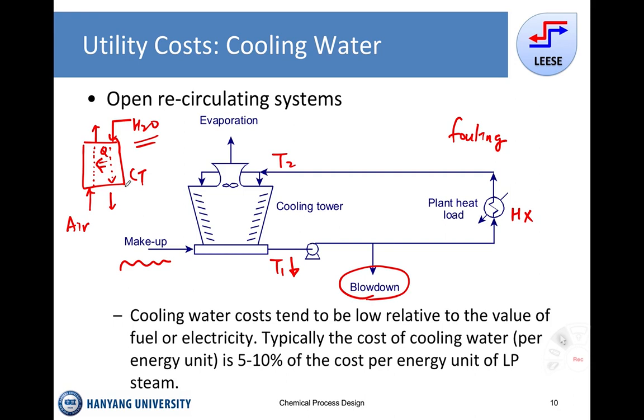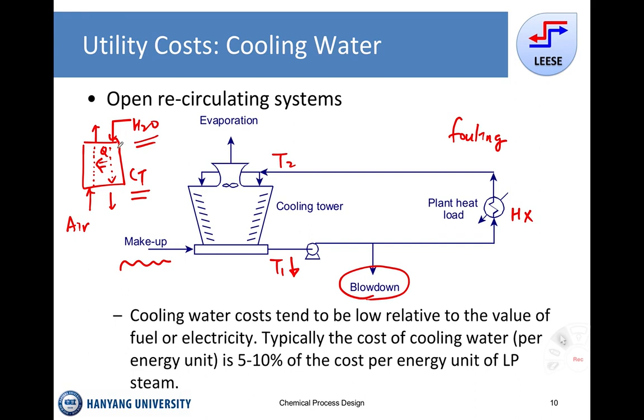If you're looking at the operation of the cooling tower, the contacting is the essential mechanism to reduce the temperature of the water. So the air contacts with water, then the evaporation occurs, okay?